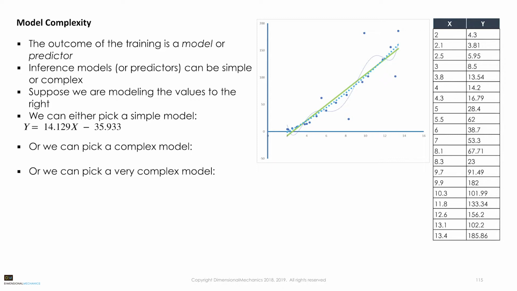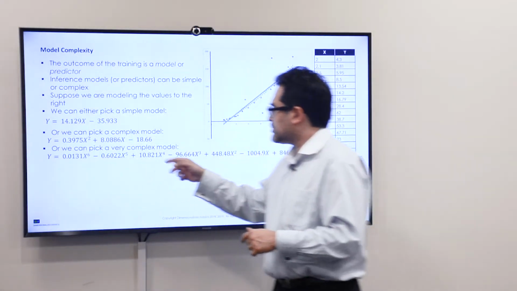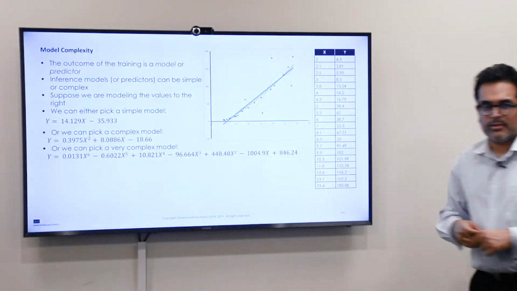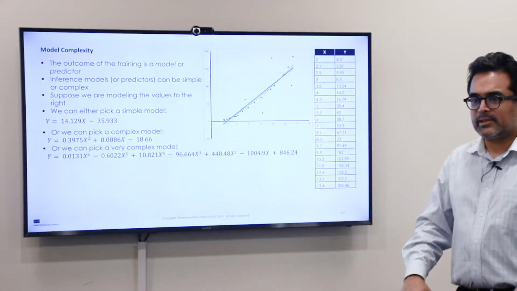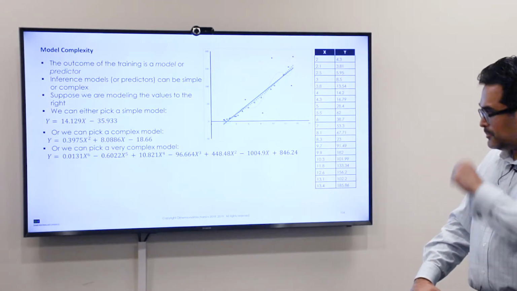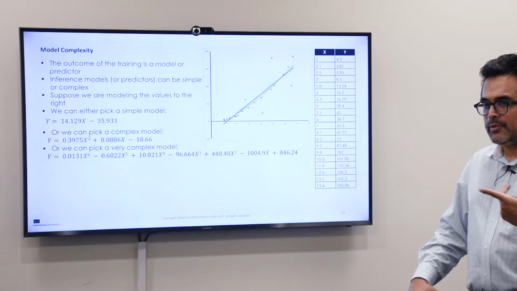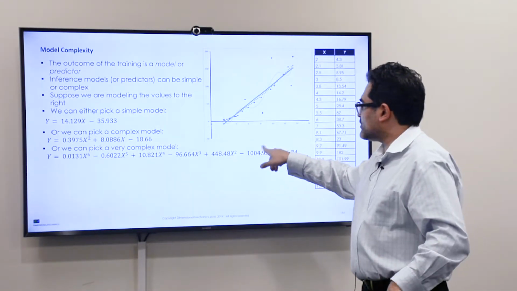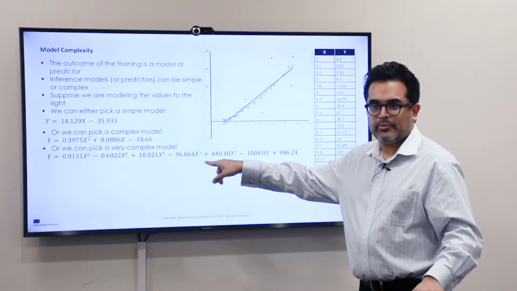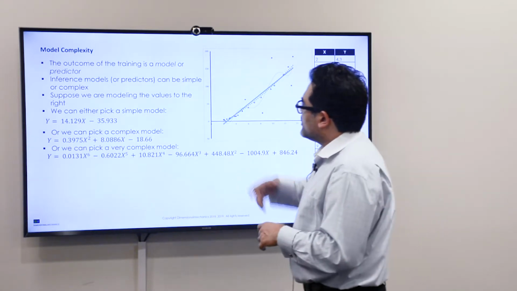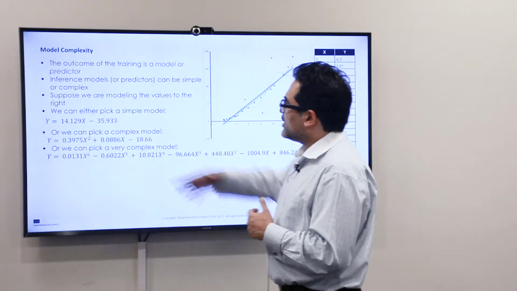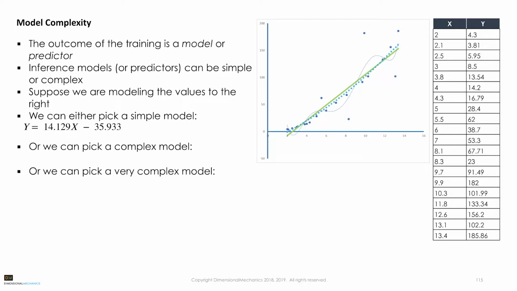So the way you can imagine it is that these themselves are associated with, in quotation marks, weights. If it converges, this will eventually converge to a certain number and won't move from there. So the outcome of a training is a model or a predictor. So that M, when it finally converges, is called a predictor or a model.